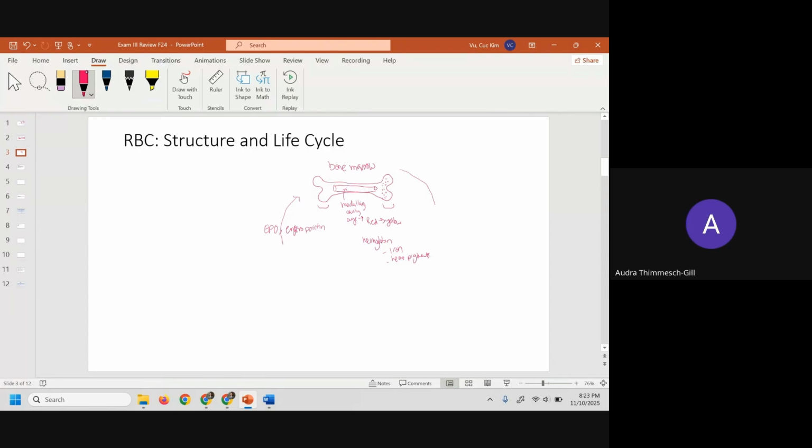I want to say kidneys or liver. You are correct. So the primary is the liver, but also the kidneys will produce that.